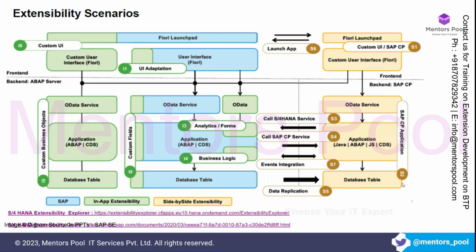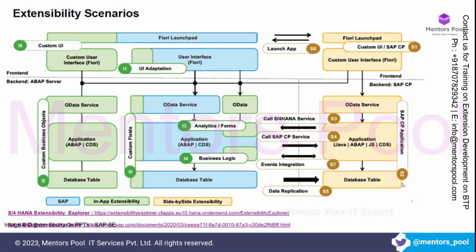When we talk about side-by-side extensions, you could create an entire parallel branch: in parallel to the standard database, you have your own database in cloud. Parallel to the standard ABAP and CDS layer, you could have your own ABAP or CDS layer in cloud. You could also have a Java or JS layer because of CAP.